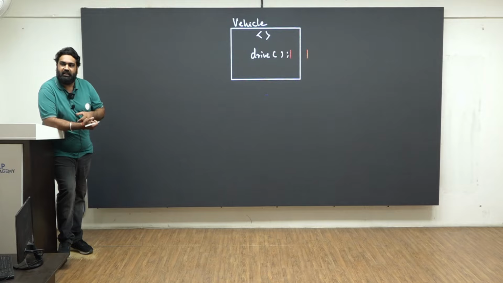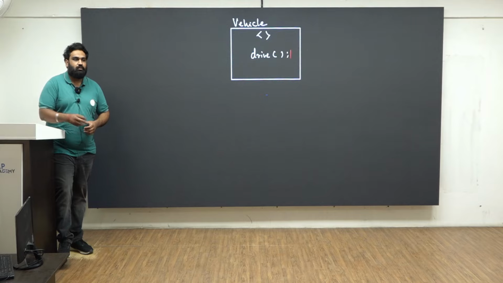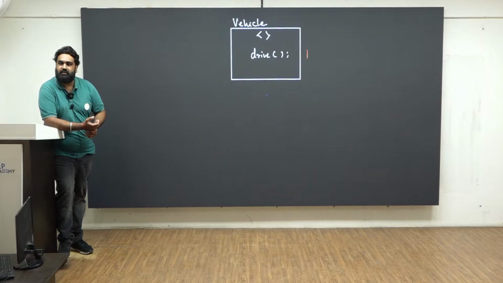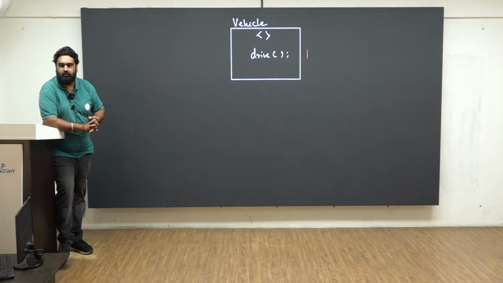Is it compulsory that interfaces should only have public abstract methods? What else can your interfaces have? Default methods, static methods, and also variables. So how are you saying this is a public abstract method? Sir, because you did not write the body, you put a semicolon in the end. I hope you are able to understand this.